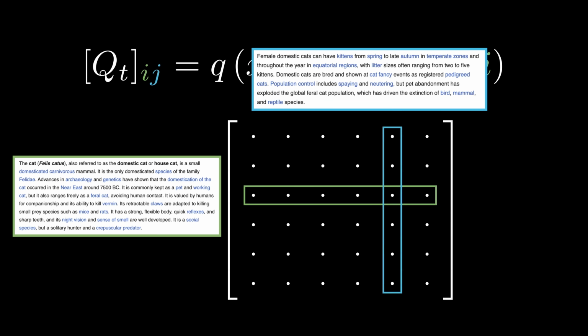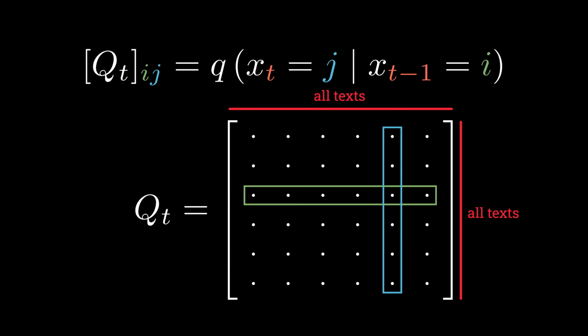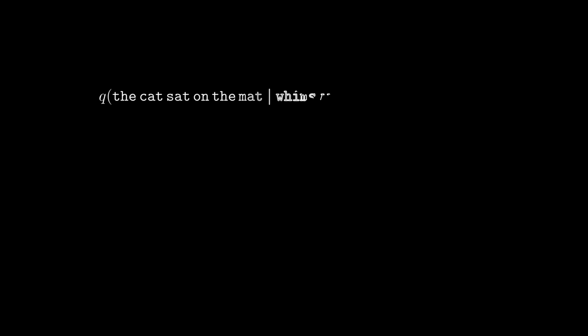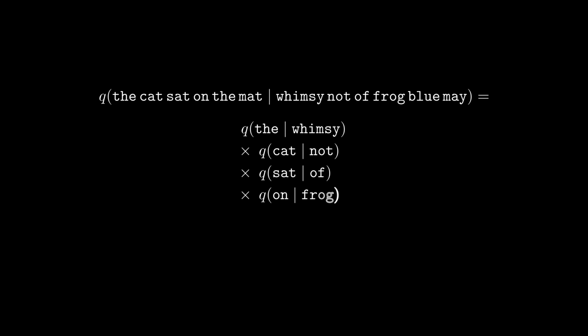But here's the problem. The size of this transition matrix is effectively the number of all possible natural language texts squared, completely intractable. To work around this, we can make a simplifying assumption. Tokens are corrupted independently of each other. This is similar to image diffusion, where each pixel is noised independently.